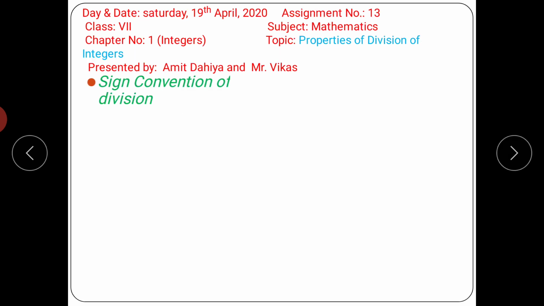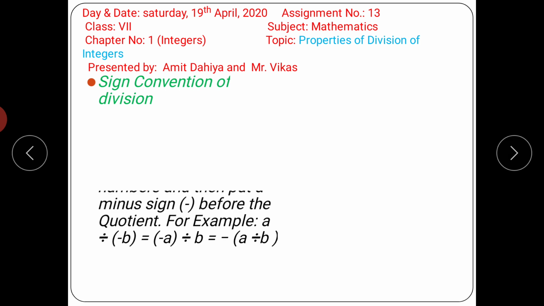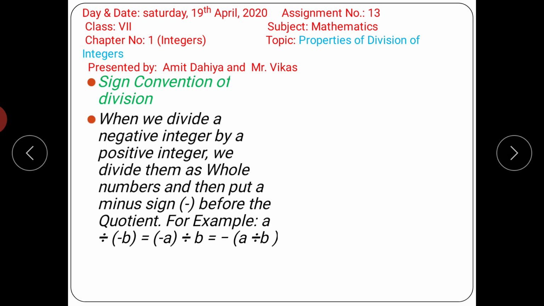Sign convention. To understand these properties, closure and commutative, first we have to understand the sign convention of division.